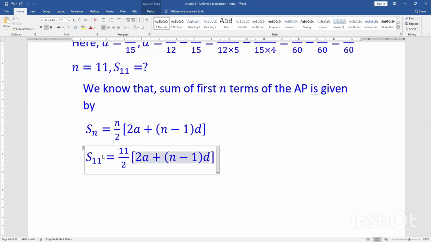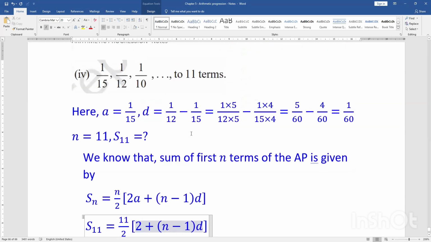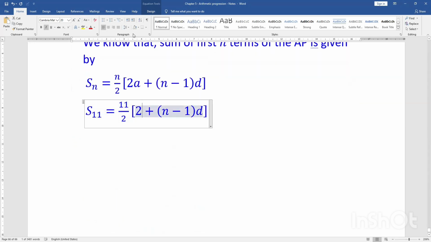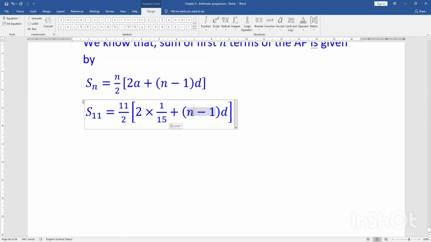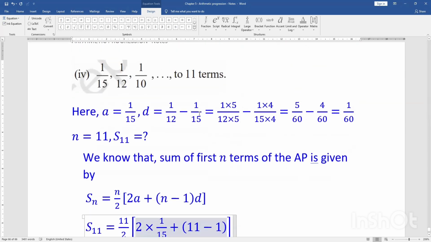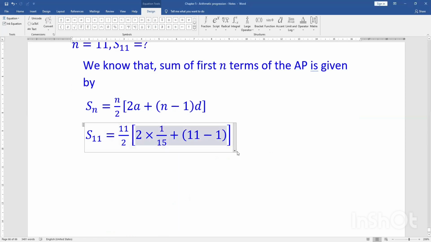And what's the value of A? A is given to be 1 by 15. So take that 1 by 15. And n you put it as 11. And what's the value of D? D you got it to be 1 by 60.